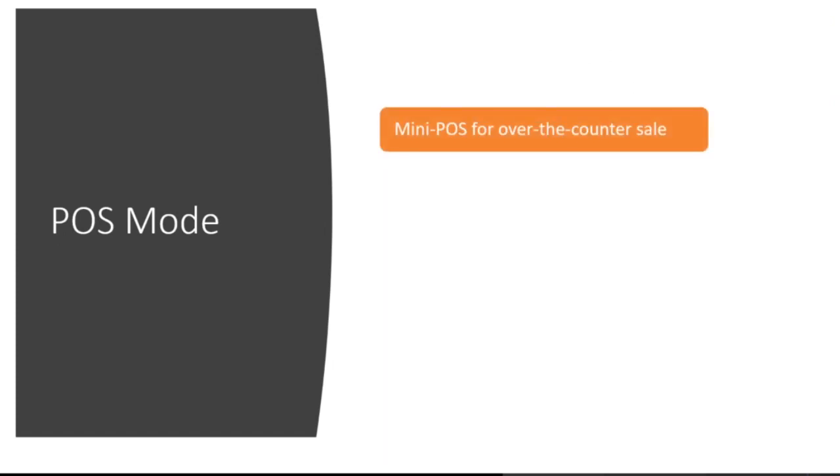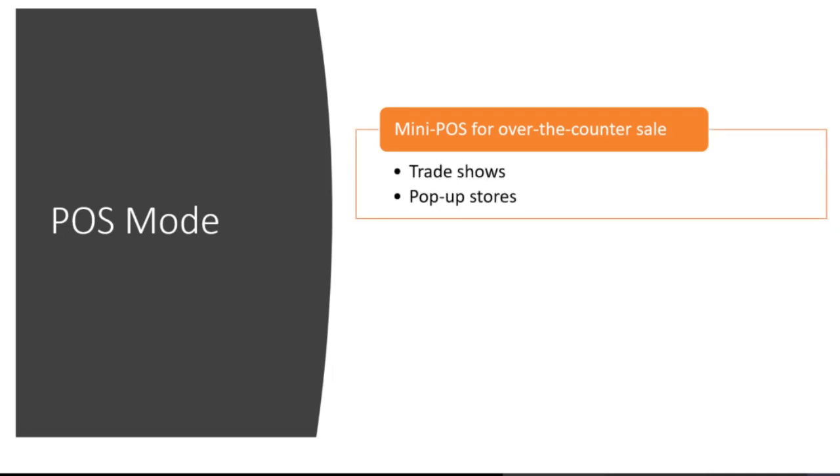And then the third one would be what we call the POS mode. Now, this feature in our mind is not to replace a real full-function POS. It's more like a mini POS for over-the-counter sales.